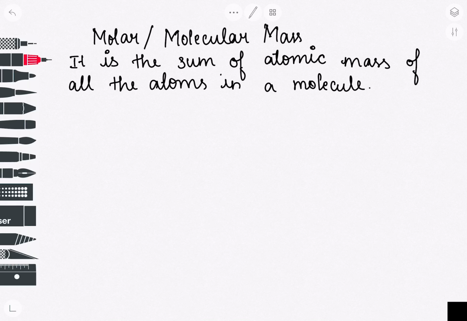It is nothing but summing up the atomic masses, taking the number of atoms of each kind into account, and that is called molar mass or molecular mass.